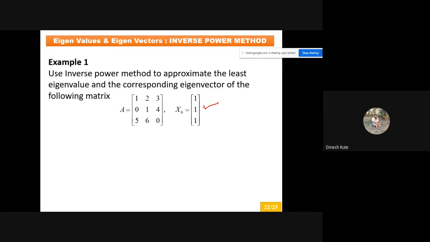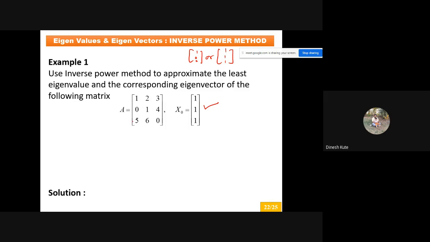If not given, you can try 1 0 0, or 1 0 1, or 1 1 1. You have to go with a random selection; there is no logic for this. But in most examples the initial eigenvector is given so that you can check the convergence of that power method, and all students should get the same convergence in that case.